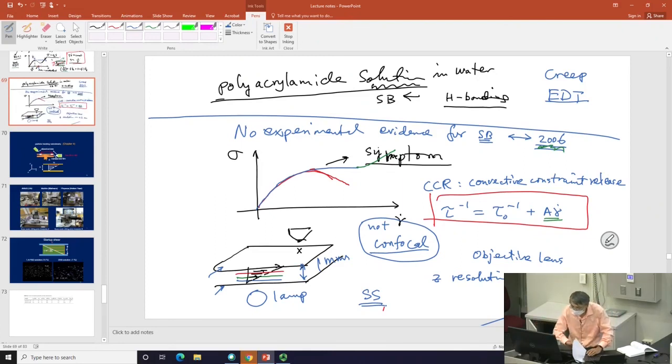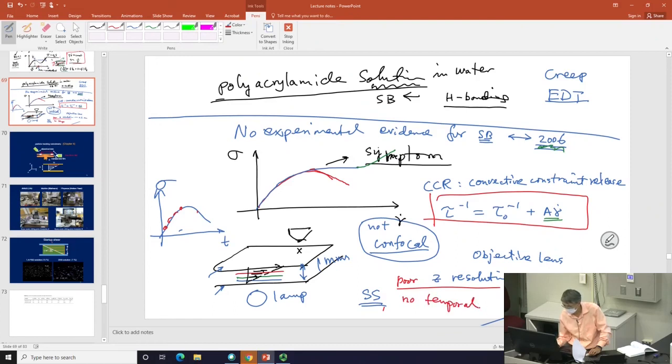You cannot follow the transient. You cannot follow if this thing is changing, overshoot. You cannot follow it everywhere because you don't have time resolution. So it's very bad for two reasons: poor Z resolution and no temporal resolution, or hardly any. So you can only consider steady state.